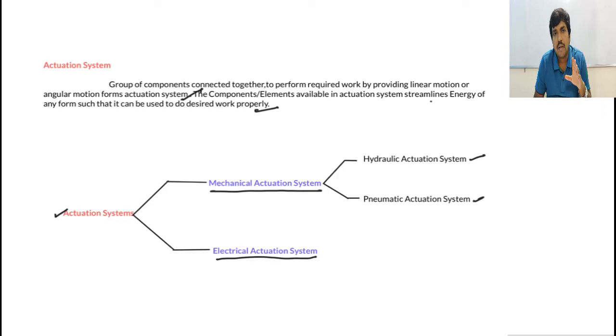If you take the help of liquid, it is called a hydraulic actuation system. If you take the help of air, it is called a pneumatic actuation system. If you take the help of an electrical power source, it is called an electrical actuation system. It's quite simple. Now let me go into detail of each type of actuation system so that you all will understand the things very clearly.